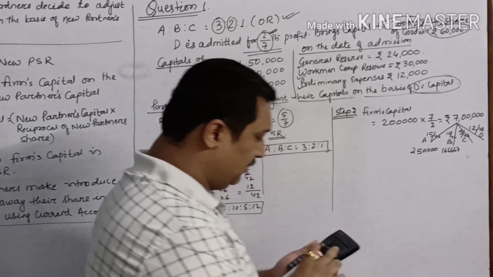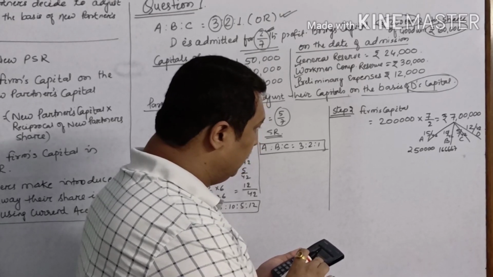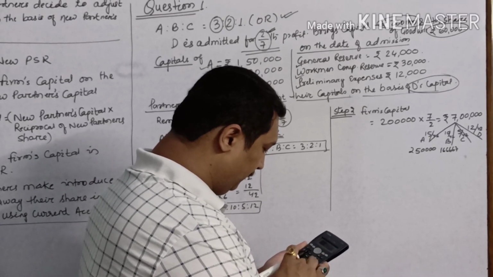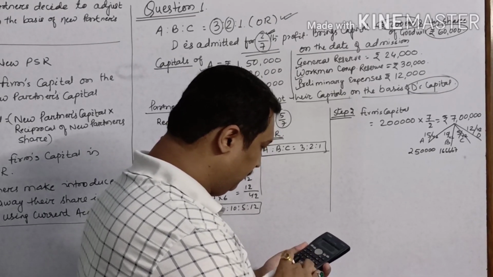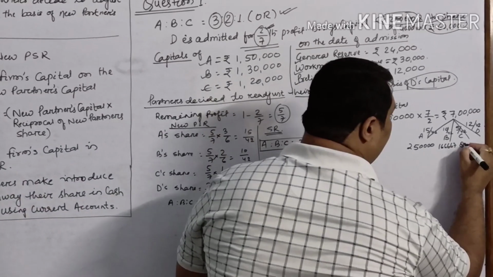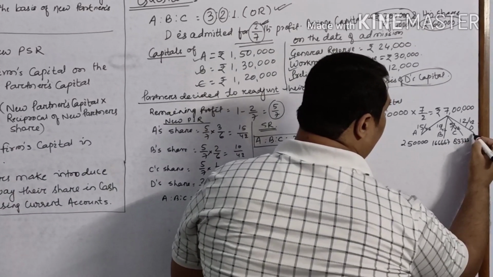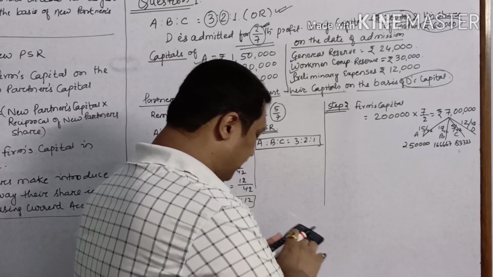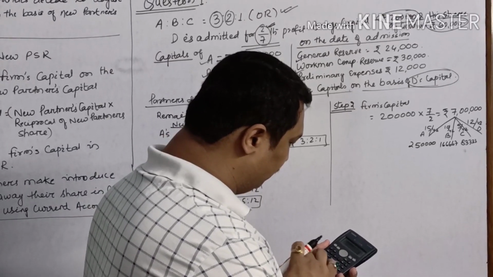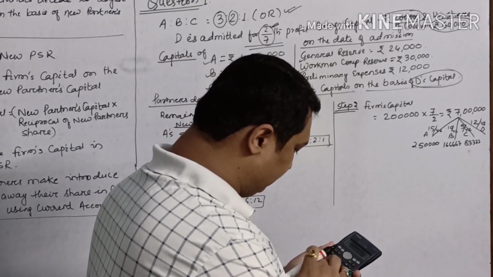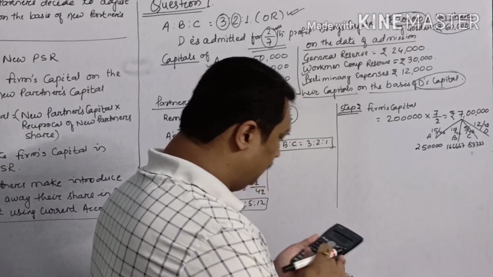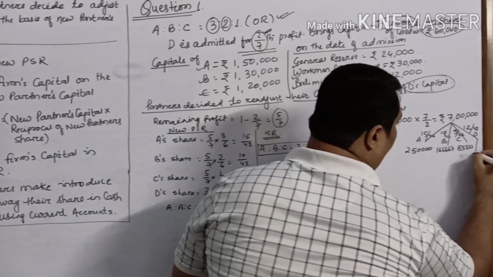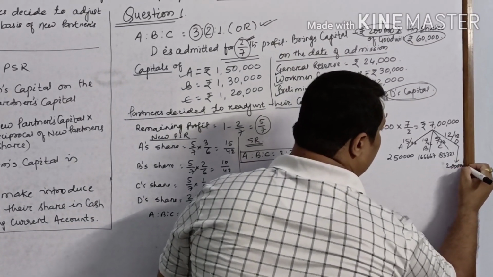I have rounded it off. For C it will be 83,333, and obviously D's share, as we have already calculated and was given in the question, is 2 lakhs. So that is D's capital.